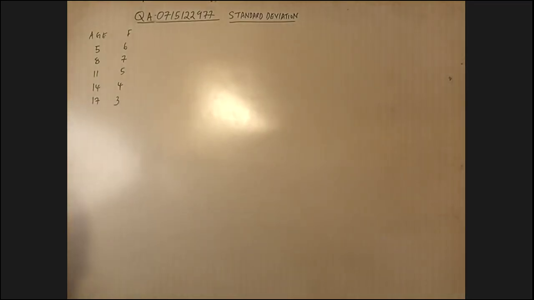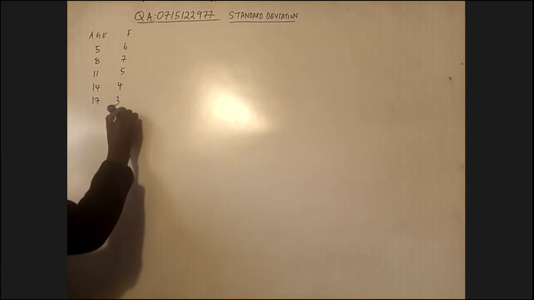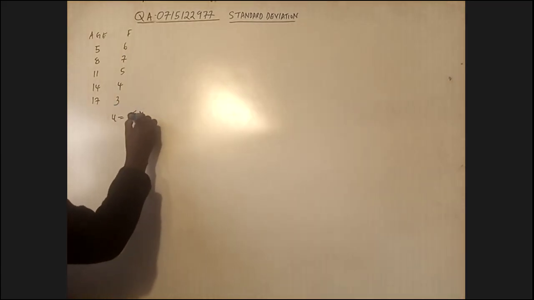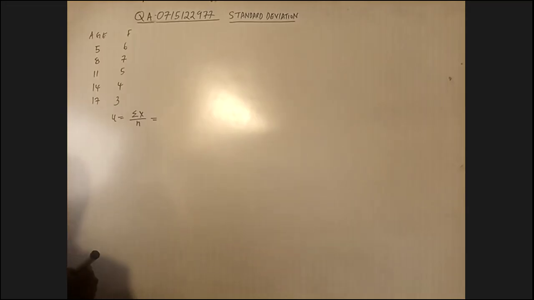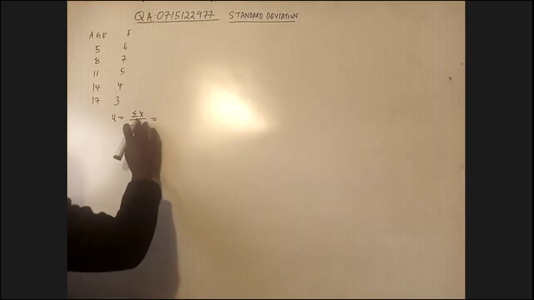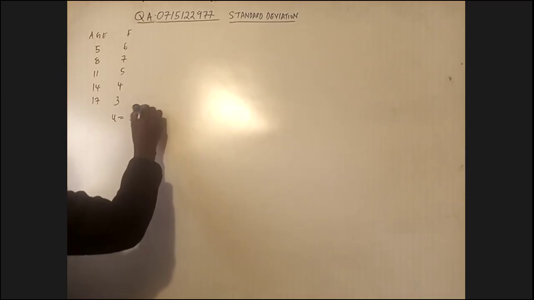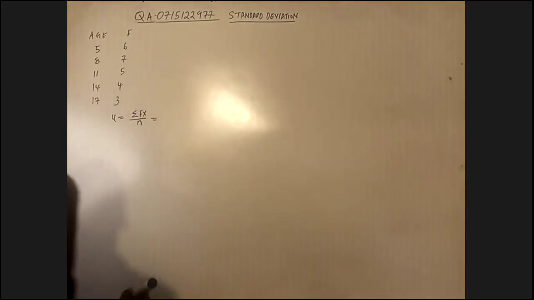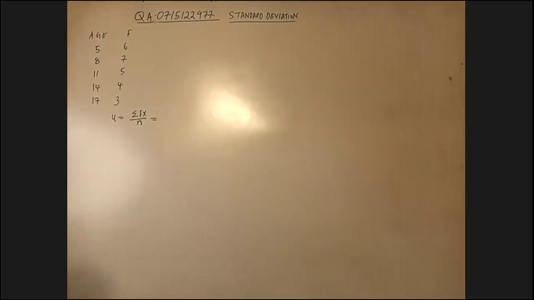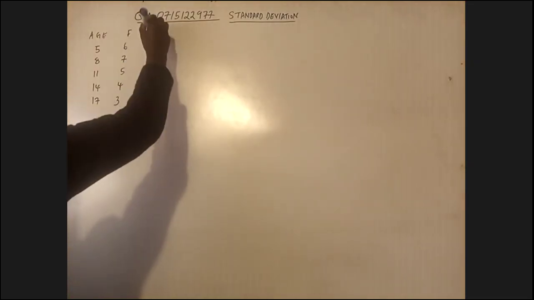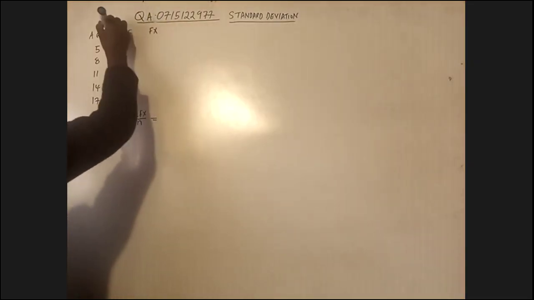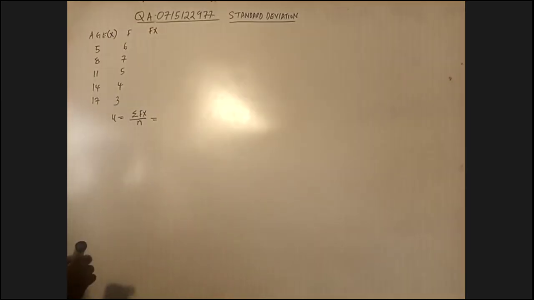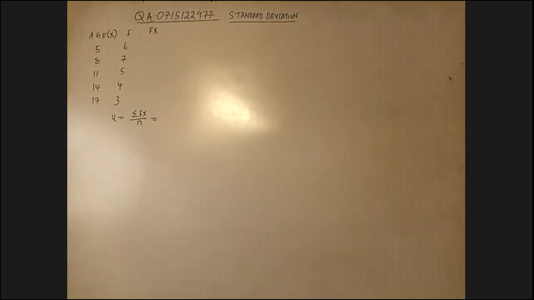Now the first thing we need is to find the mu, which is the summation of x over n. Summation of fx, supposed to be fx over n. Is that correct? Yes. So we find fx. Remember our age is our x. So 5 times 6 is 30.